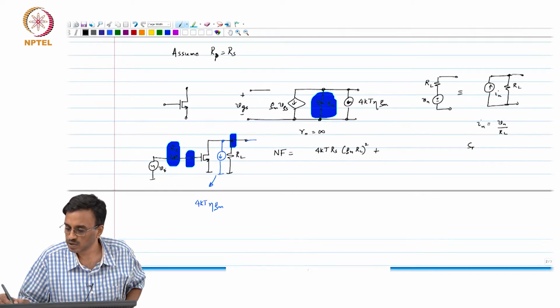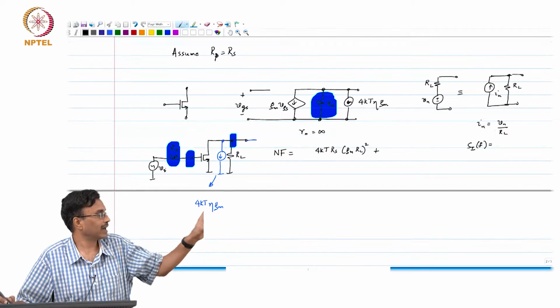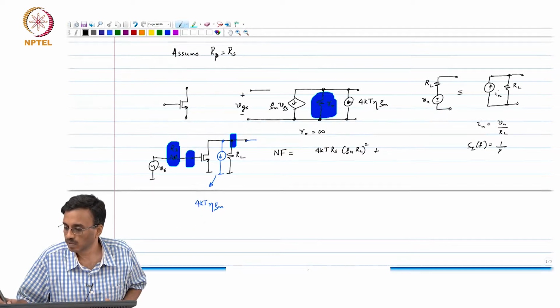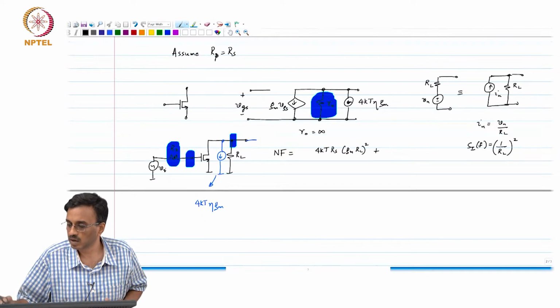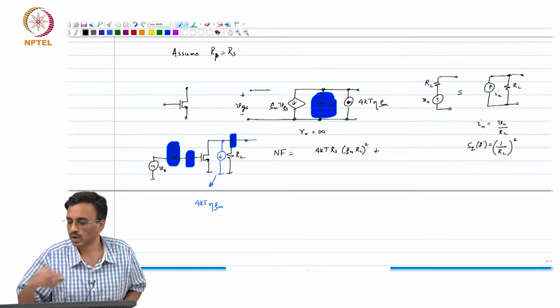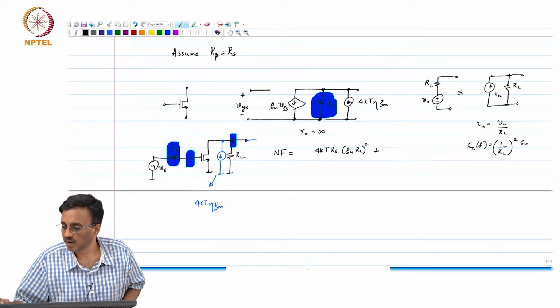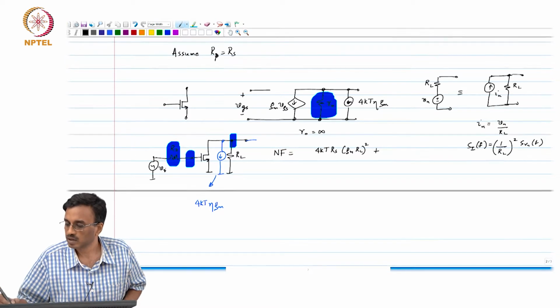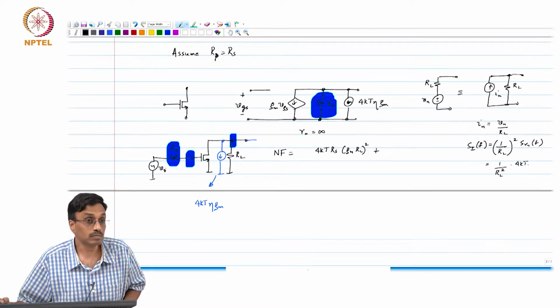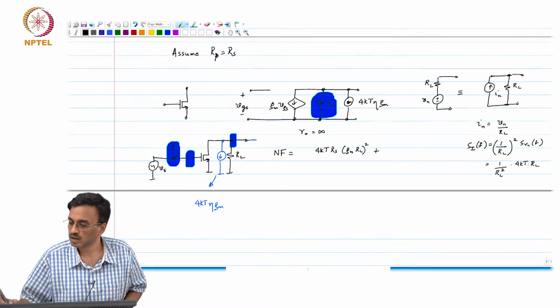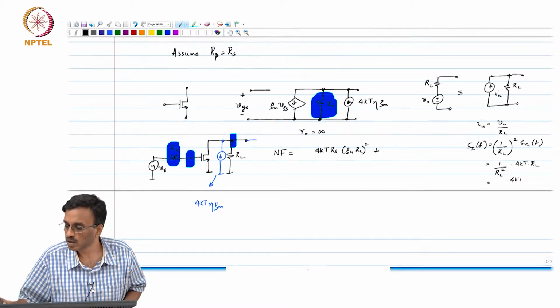So, the noise spectral density of the current source is nothing but you multiply by 1 over RL squared times SVn of f, which is 1 over RL squared times 4kT RL. So, this is nothing but 4kT over RL.